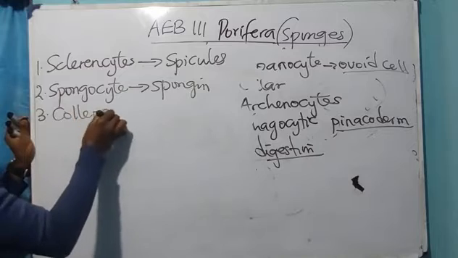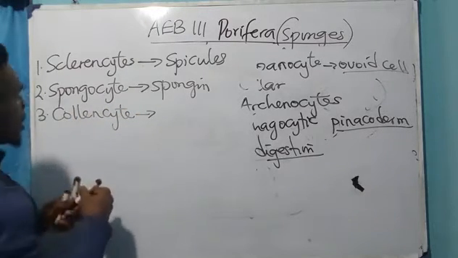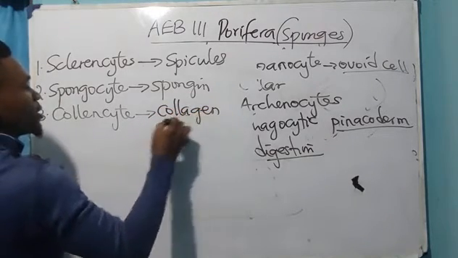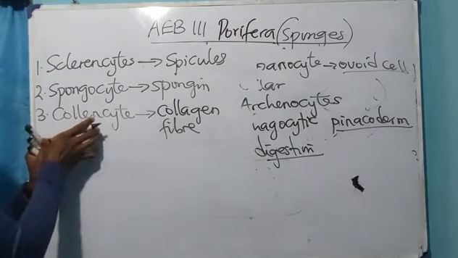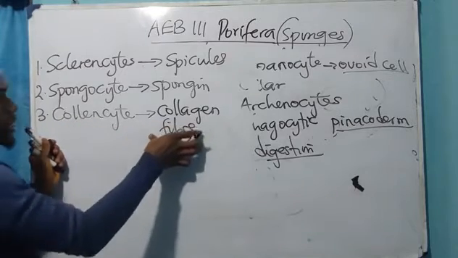Number 3, you now have the collencytes. The collencytes secrete collagen fiber. That is the function of collagen, like the name implies. They produce collagen fiber.